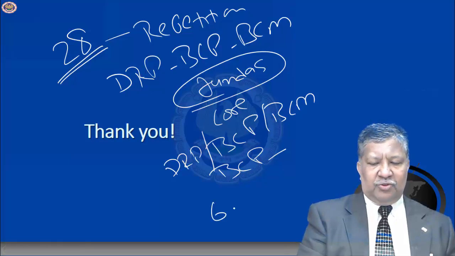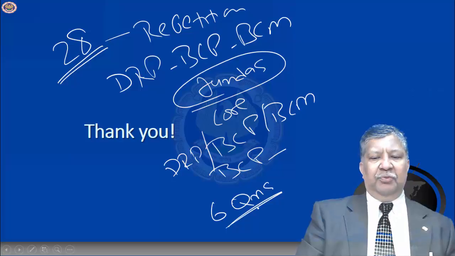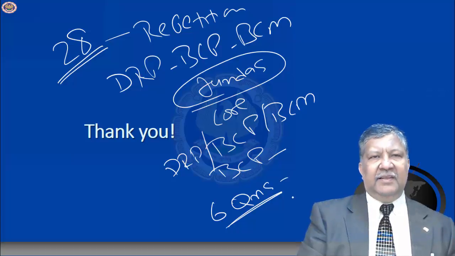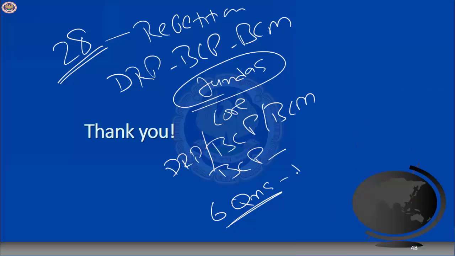Now, you apply the 6 questions which we talked about, and you should be able to internalize your understanding. What is a business continuity plan? A business continuity plan is primarily required to ensure the business is able to continue despite an interruption, despite any disruption, and you should be able to continue the critical business operations.